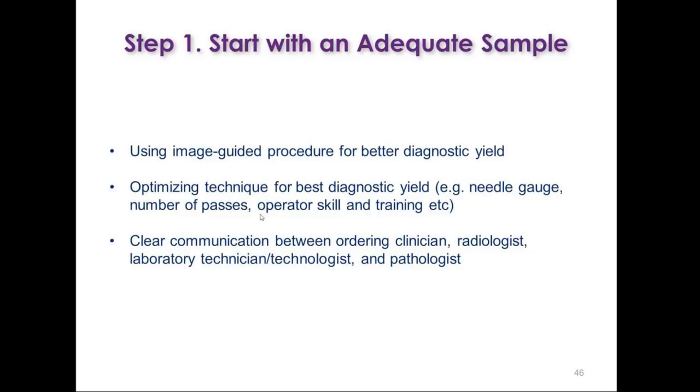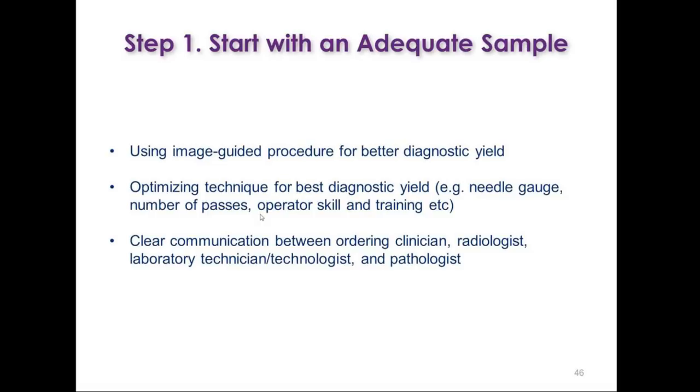The second thing is the technique, right? We all have our favorite radiologist who gives us good samples every single time, versus there are radiologists you see on the schedule and you know that you're going to get a suboptimal sample. So it's the operator's skill and expertise. It's the needle gauge that's being used. It's the number of passes that they do.